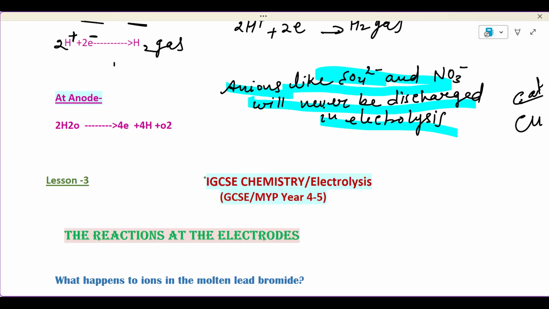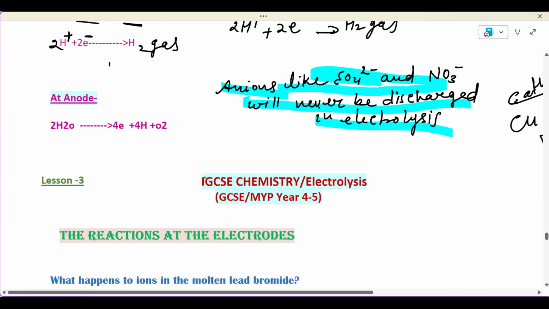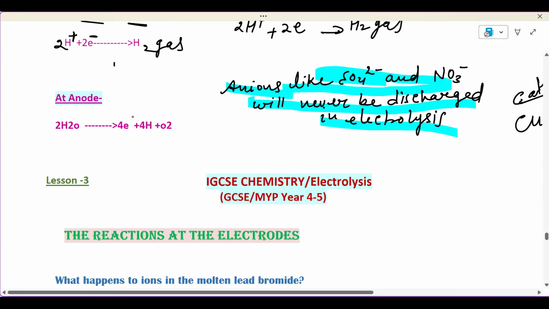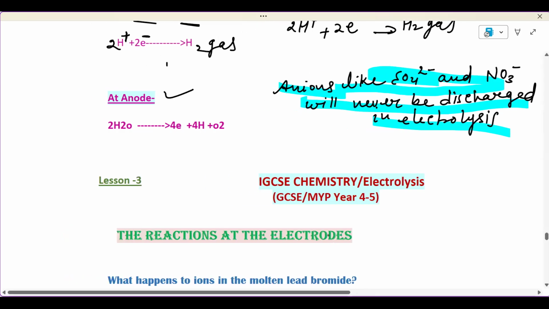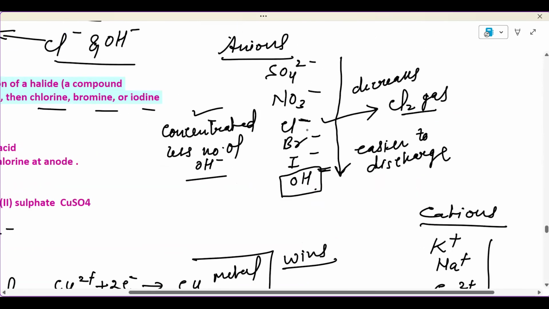Okay. So here, let's see what happens at anode. At anode, I've already written the series for anions: sulfate, nitrate, chloride, bromide, iodide, hydroxide, right?